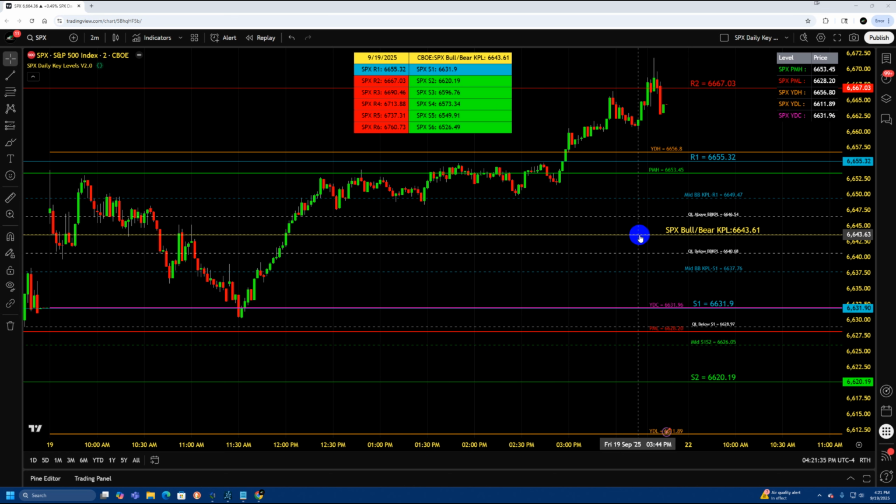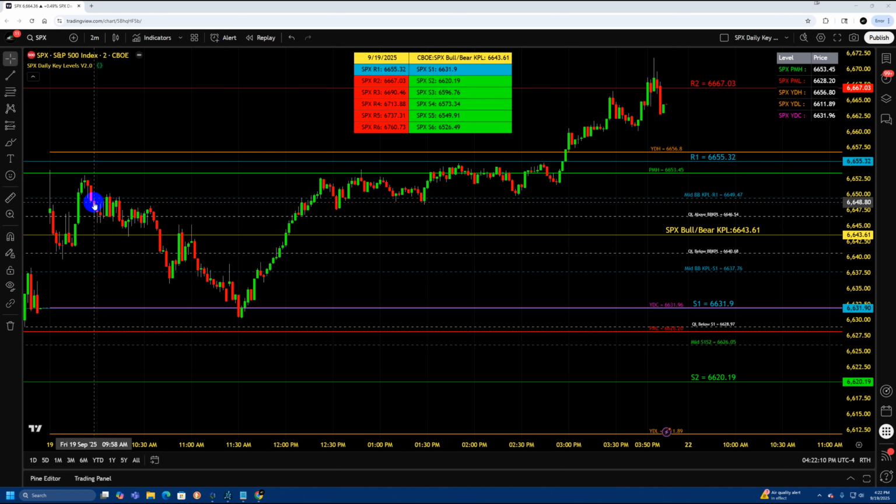In fact, there's no obligation to take any entries off of the bull bear key price level, and you can take them off of the other main levels, being R1 through R6, or in this case all the way up to R10, or the S levels. That would be your levels that you can take bullish or bearish entries off of, depending on what price action is doing. And we're going to go over an example from today's session.